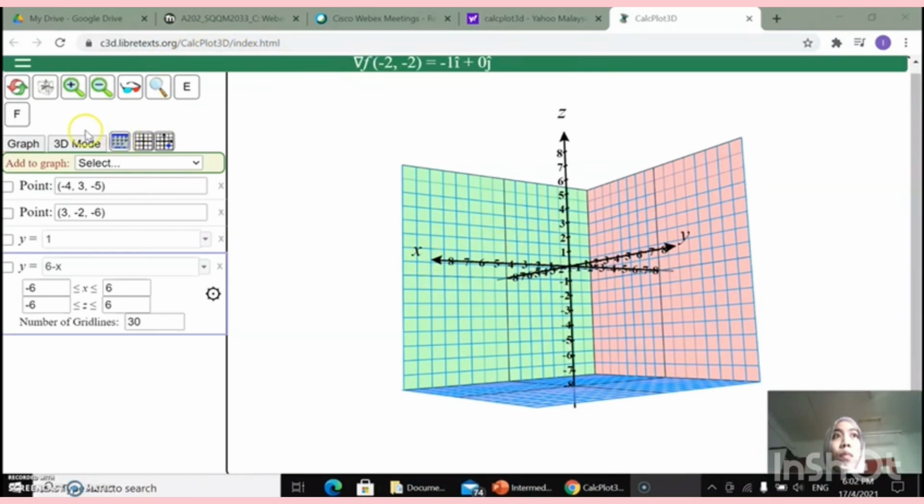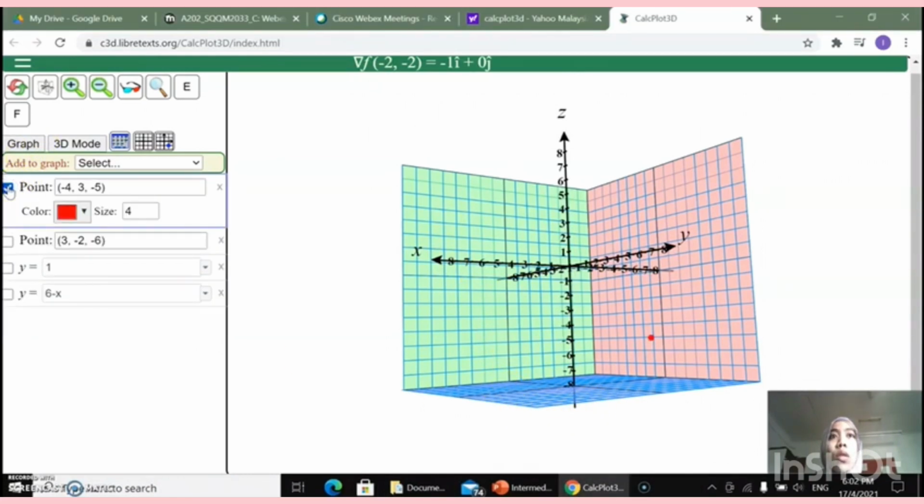First, it already gives the axes, z-axis, x-axis, y-axis, but we need to set up the values of the points again. Before we go to the points, this is the plane. This is the yz plane, this is the xz plane, and this is the xy plane.